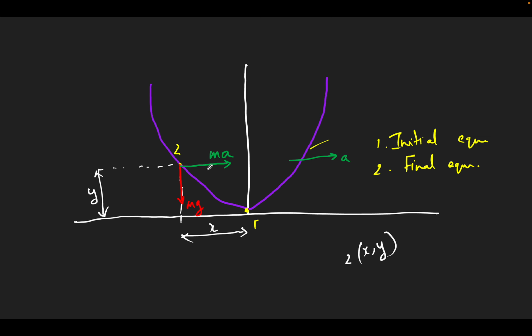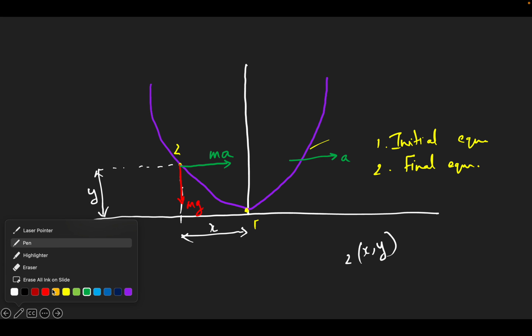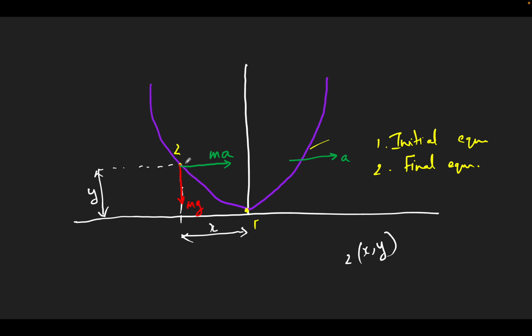Then what else could be there? Of course, the bead is lying on the wire, right? So there must be a normal reaction force from the wire, because the wire is holding the bead.